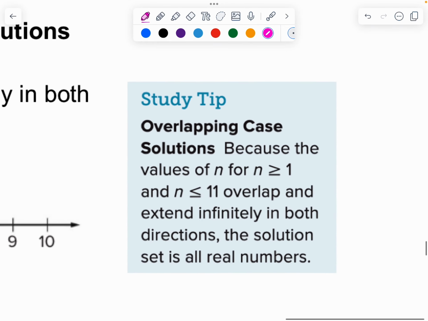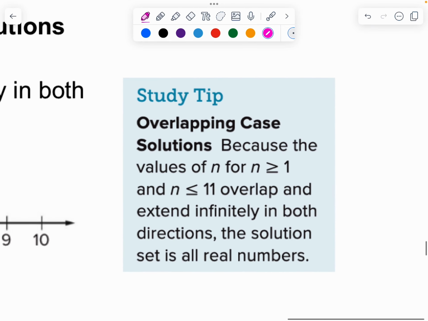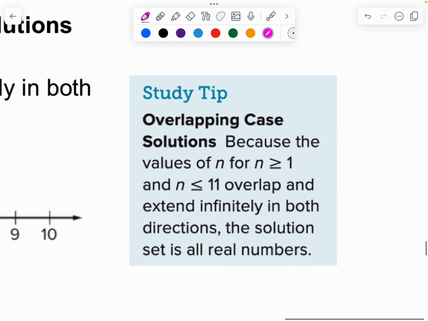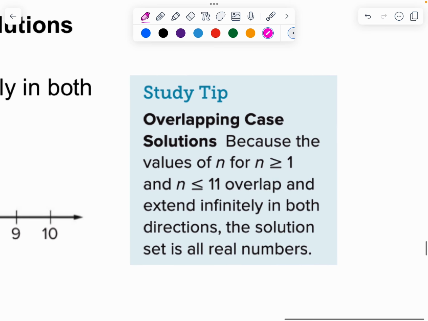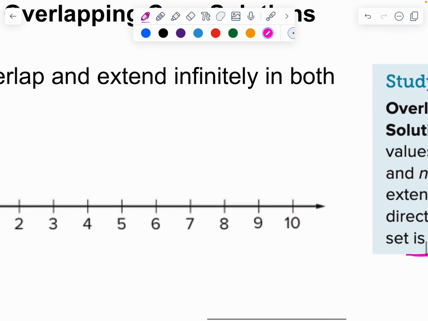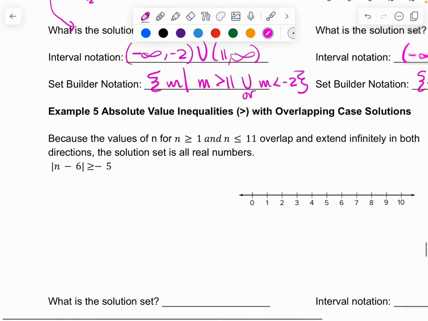Let's look at this. It says overlapping case solution. Because the values of n, for n is greater than or equal to 1, and n is less than or equal to 11, overlap and they extend indefinitely in both directions, the solution is all real numbers. So let's take into account this right here.